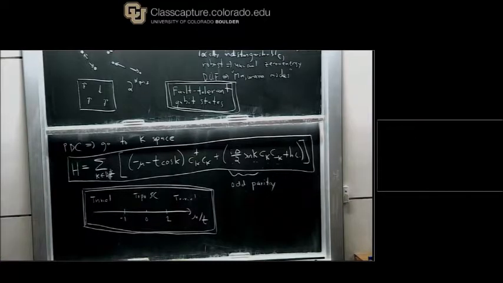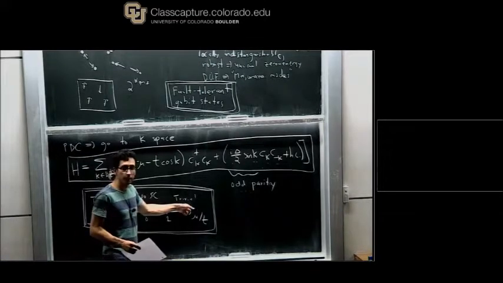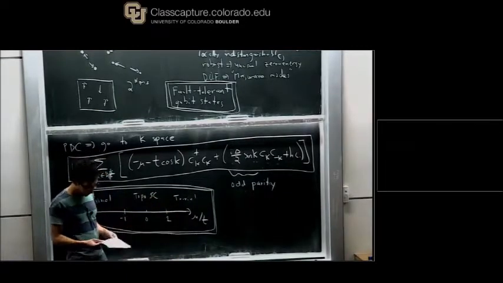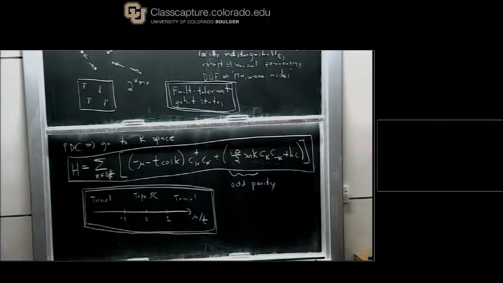Okay, so to move forward, what I want to do is uncover universal properties of these phases, and if time permits, also the phase transitions that separate them. In order to do so, it's very convenient to cherry pick parameters a little bit.